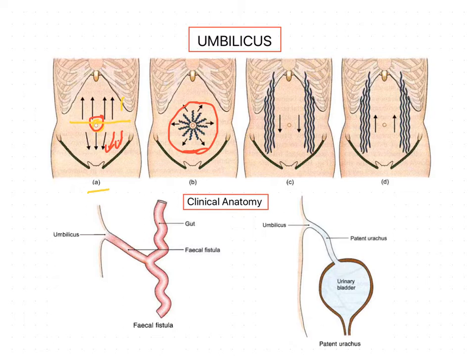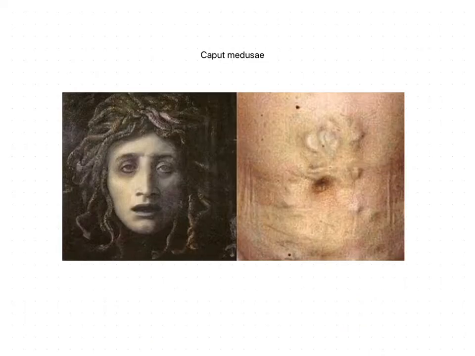Caput means head. In the myth, this person has venomous snakes over the head instead of hair. That one also we can see here. So this is called caput medusae.